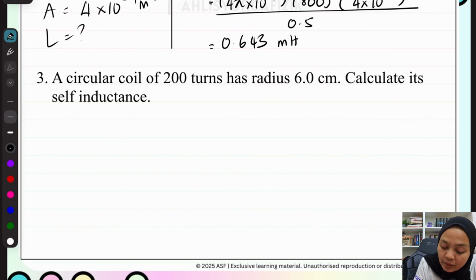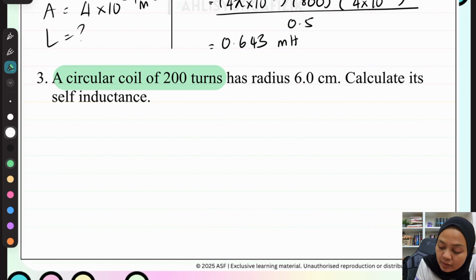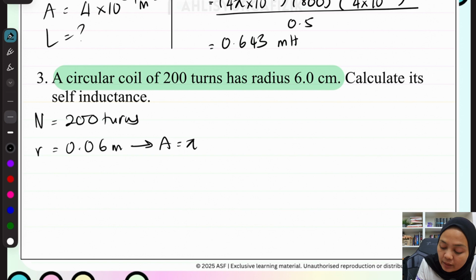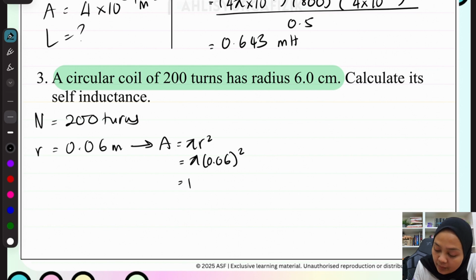For question number 3, we have a circular coil of 200 turns with a radius of 6 centimeters. So the number of turns is 200 turns, and the radius is 0.06 meters. I'm going to calculate the area straight away, and the answer is 1.13 times 10 to the power negative 2 meters squared.